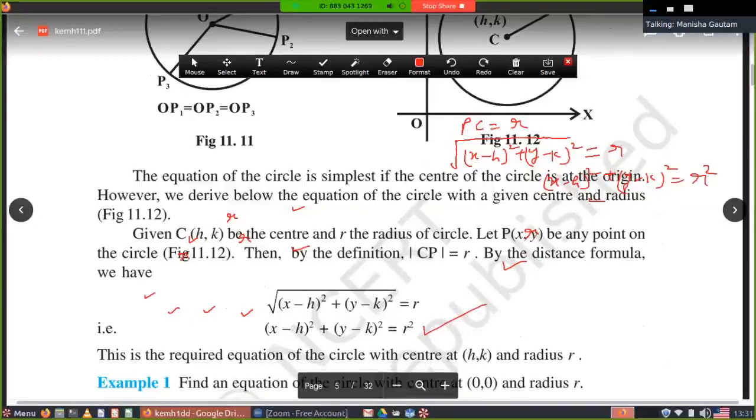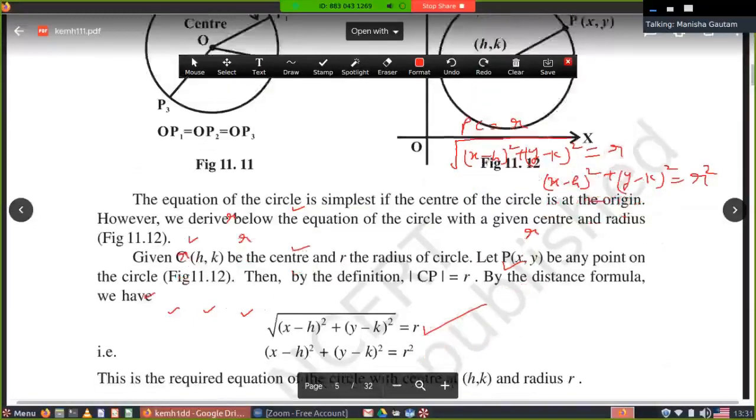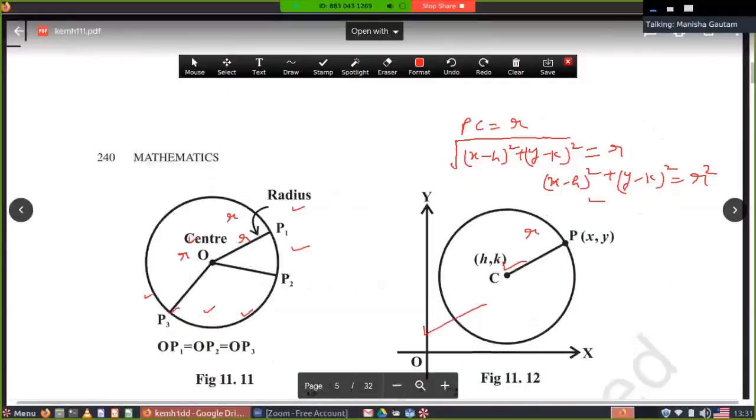Second condition: if this (h, k) is (0, 0), suppose the circle is not in the first quadrant, it is like this. It means the center is the intersection of the two axes, the origin (0, 0), and any point (x, y) is here.